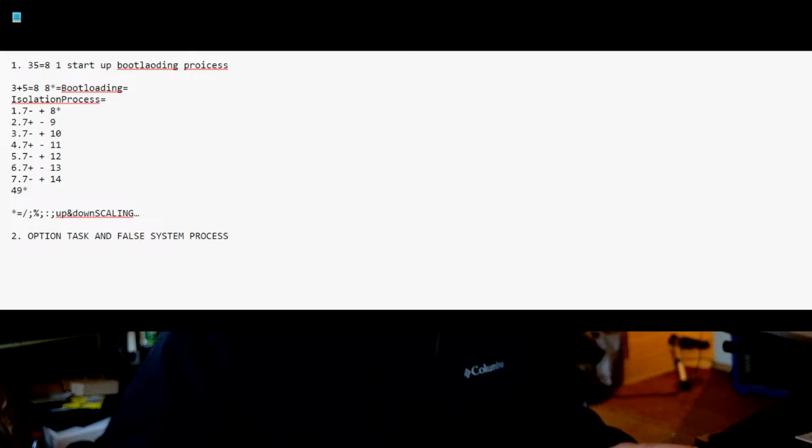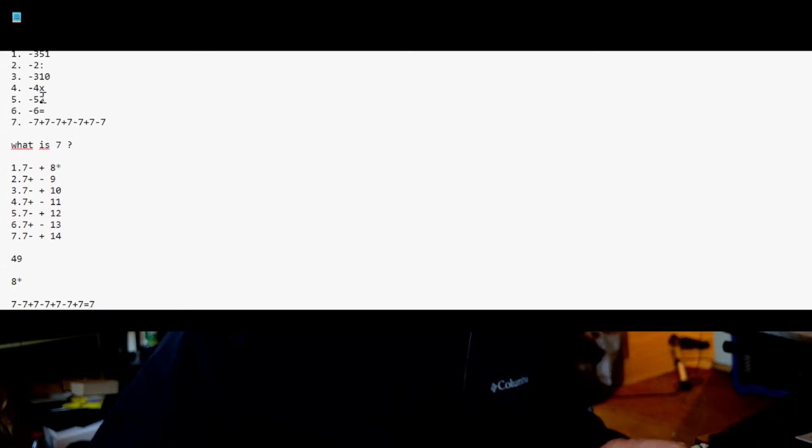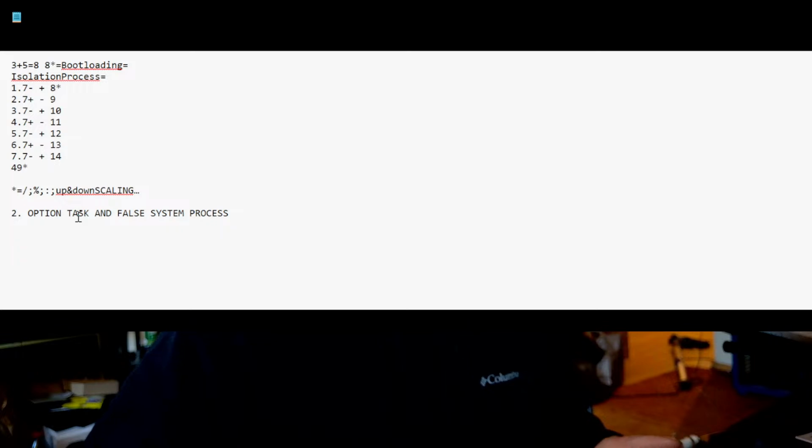This means double point is equal to 5. Double point is equal to 5 and 2 is, plus 2 is 7.